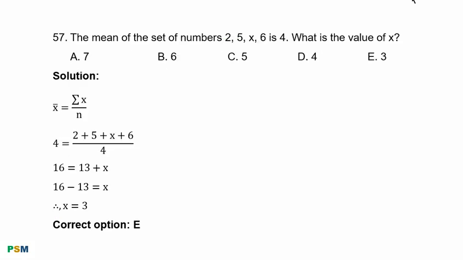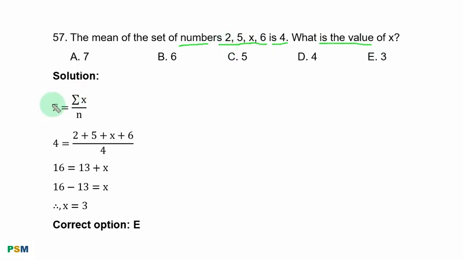Question 57. The mean of the set of numbers 2, 5, S, 6 is 4. What is the value of S? Solution: you have ungrouped data.